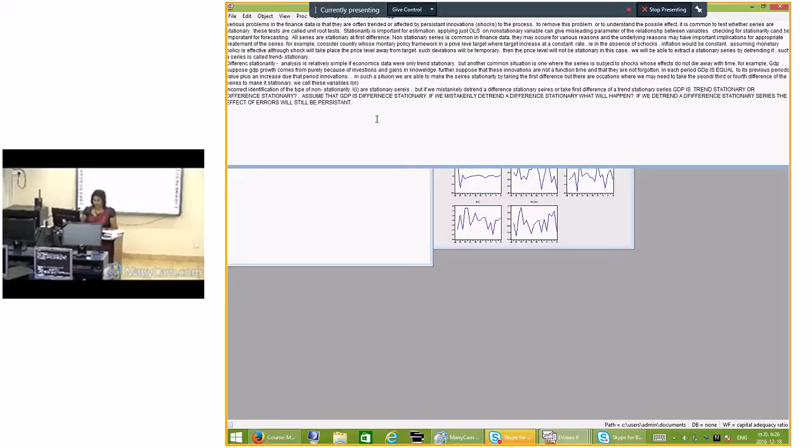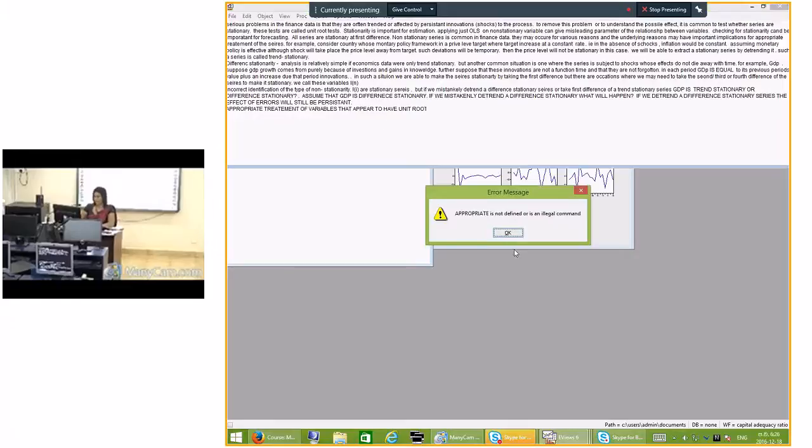So what is the appropriate treatment of variables that appear to have a unit root? We can answer what is the appropriate treatment statistically.